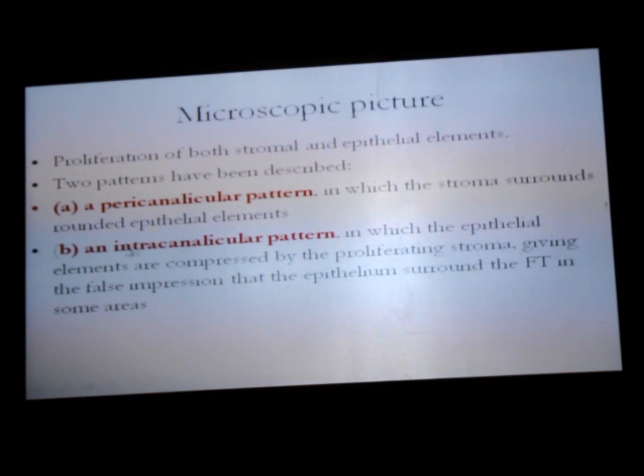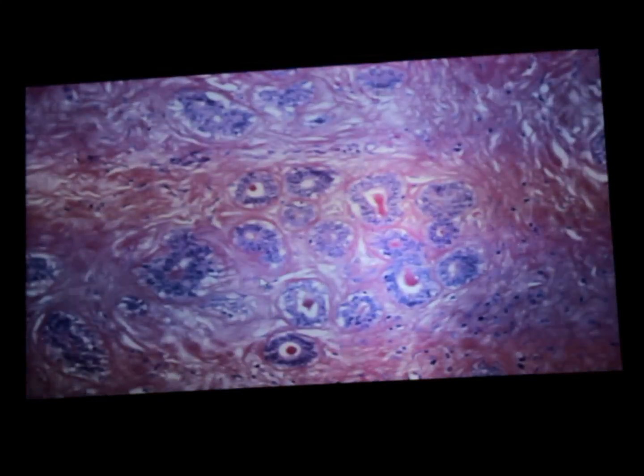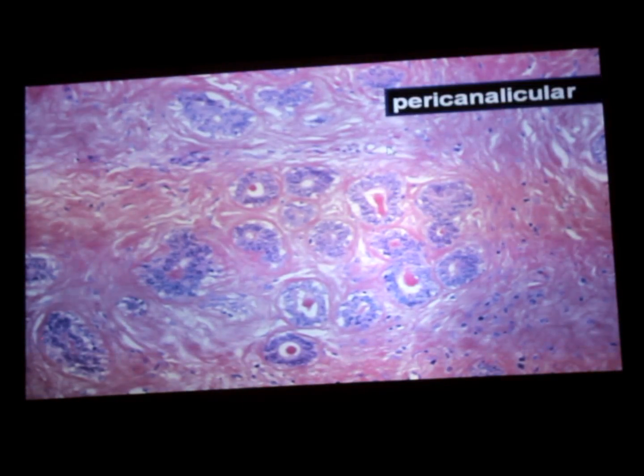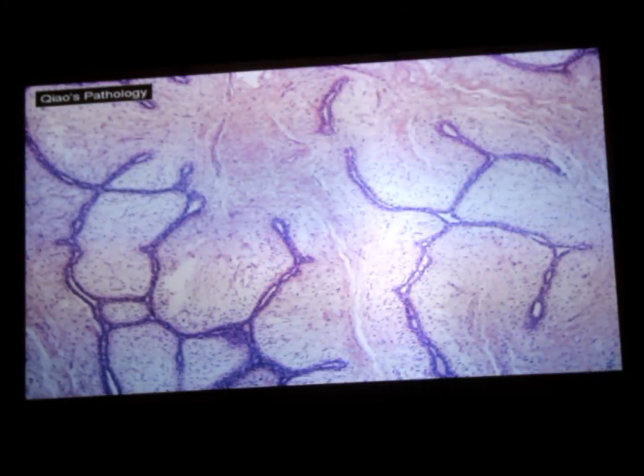So fibroadenoma has got two patterns, a pericanalicular pattern in which the stroma surrounds rounded epithelial elements or the glands. Intracanalicular pattern in which the epithelial elements are compressed by the proliferating stroma. So I will show you the pictures. This is pericanalicular, where the stroma is growing around these epithelial glands.